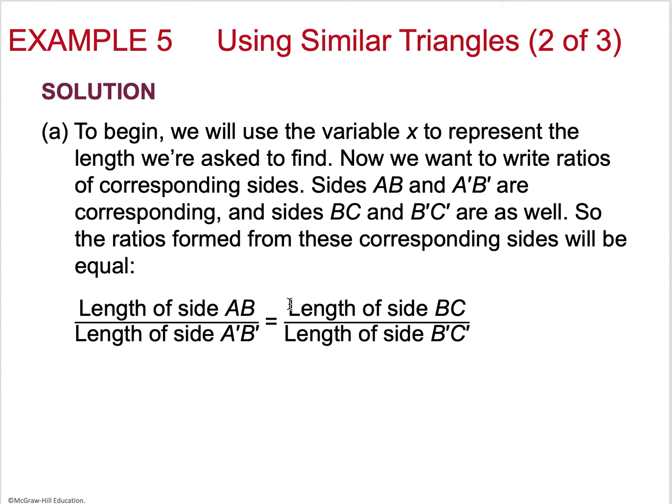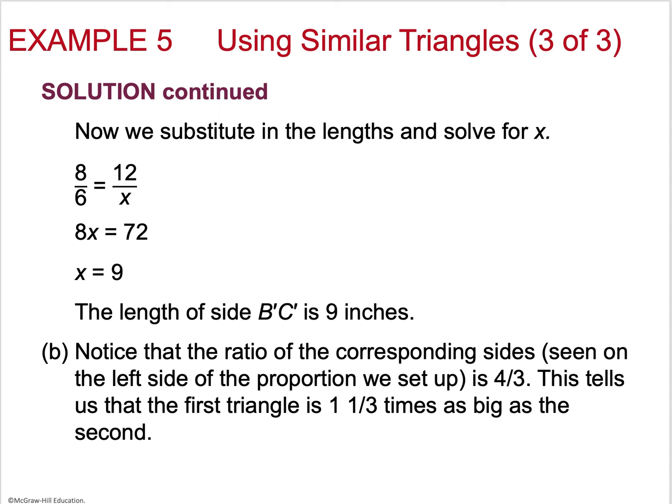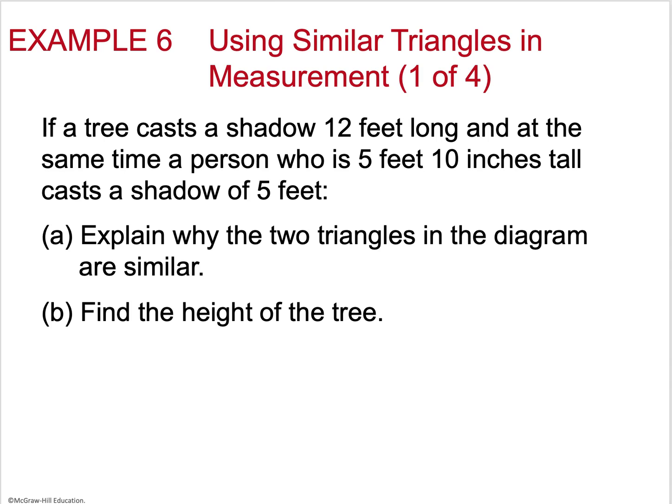So I'm going to fill in BC at the top because it corresponds to AB. And then I'm going to fill in my numbers and cross multiply. So 8 times x, 6 times 12, is 8x equals 72. Then I divide both sides by 8, and I get that x is going to be 9.